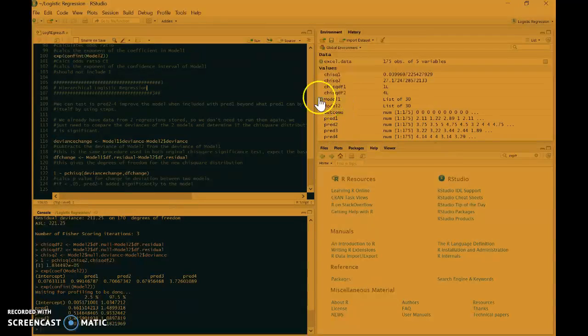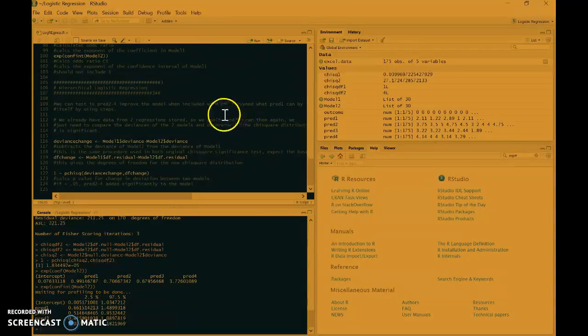So we have model 1, which had the predictor of predictor 1, and we have model 2 that had predictors 1 through 4. So if we look at model 1 as a baseline and compare it to model 2, we can see if predictors 2, 3, and 4 added any additive prediction over just including predictor 1.